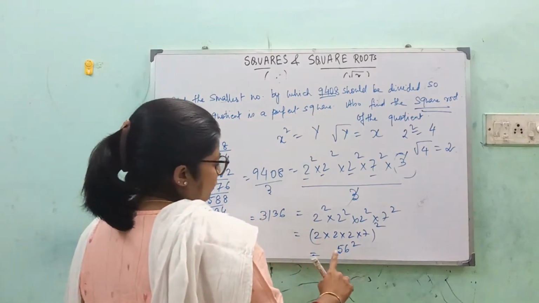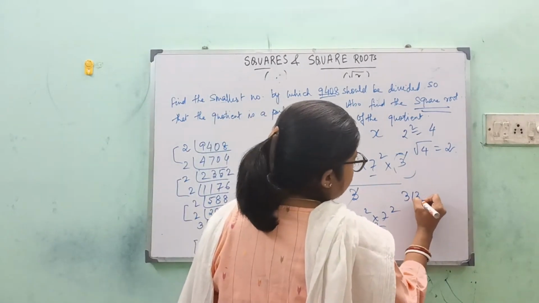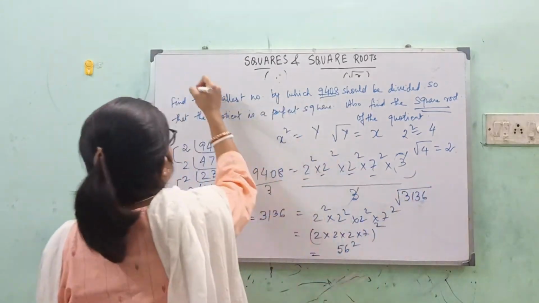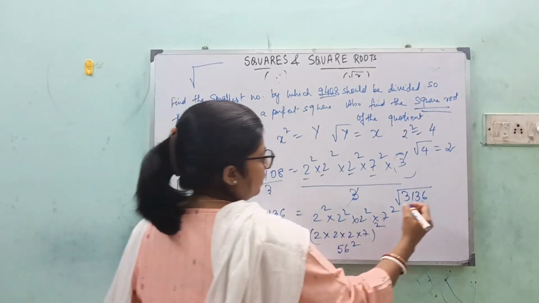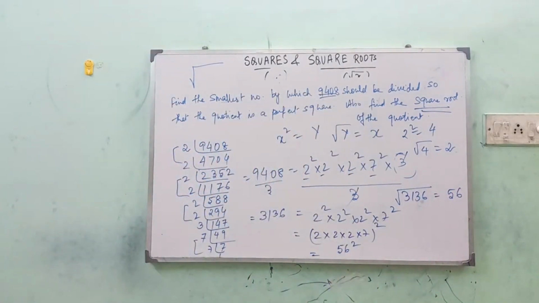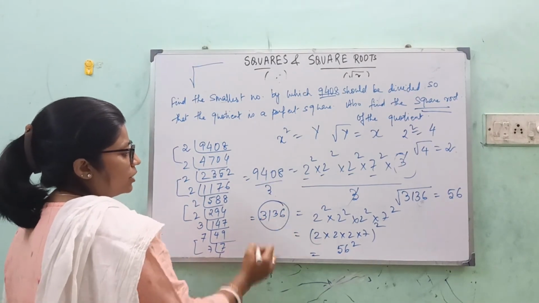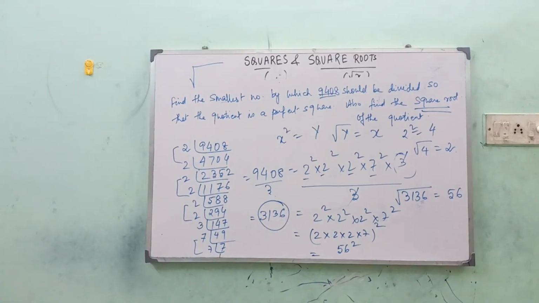So this 56 squared is 3136, and this is the sign of square root. The square root of 3136 is 56. Alright, so that was our question: find out the square root of the quotient. Once we divided, our new quotient was 3136.